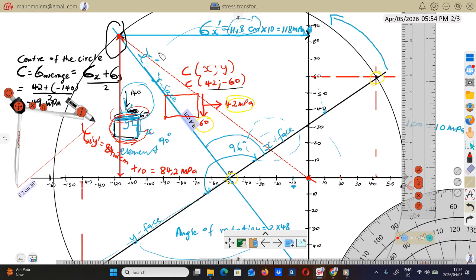So this will be this red dotted line. That will be the resultant stress. So resultant stress is 14.5 centimeter. Multiply by 10 and it is going to be 145 MPa.